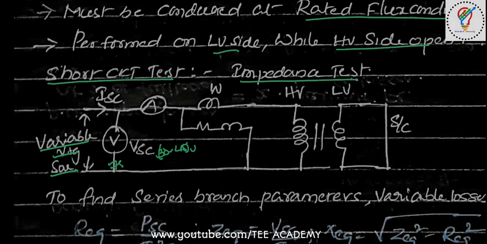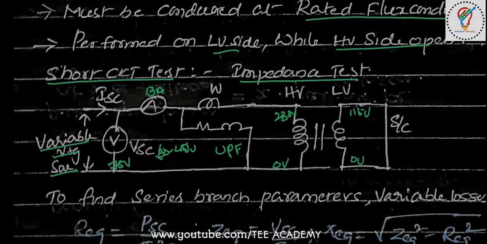Practically you will use a 75 volts transformer here. For a 2 kVA or 3 kVA transformer, the current will be 13 amperes, and we use a wattmeter of UPF type. The HV winding is 230 volts and 0 volts, and the LV winding is 115 volts and 0 volts.